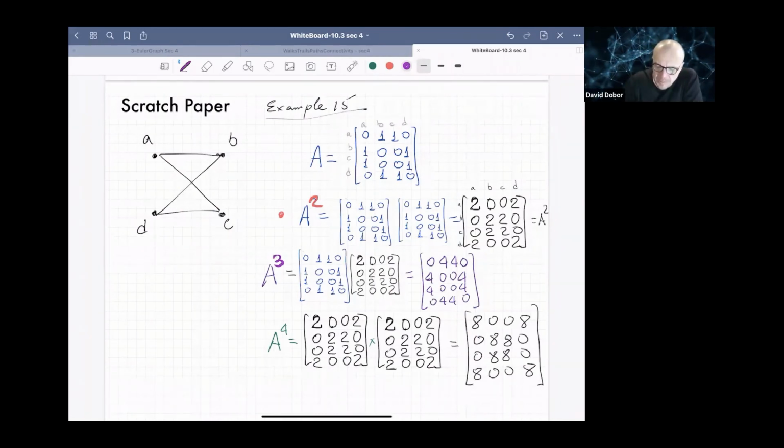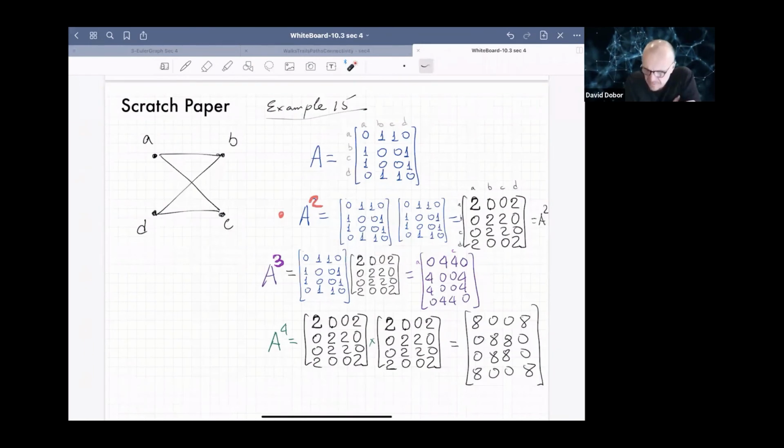So apparently between A and C, let's say, there are 4 paths of length 3. A to C, well, here's 1, the Zorro path. Here's 1 more, that's the second path. Here's 1 more, that's the third path. You get the idea.